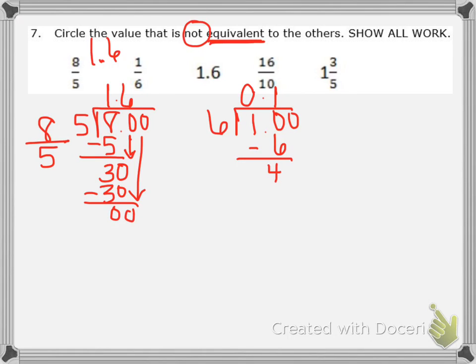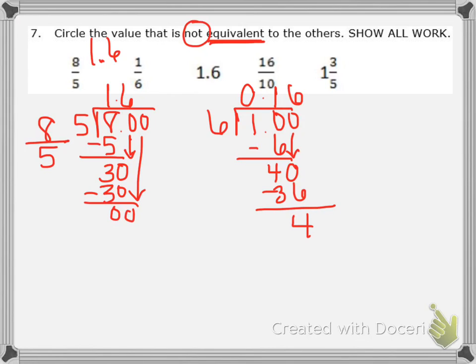Subtract, I have 4 left over. Bring down my 0. 6 goes into 40, 6 times. 6 times 6 is 36. You get 4 left over.